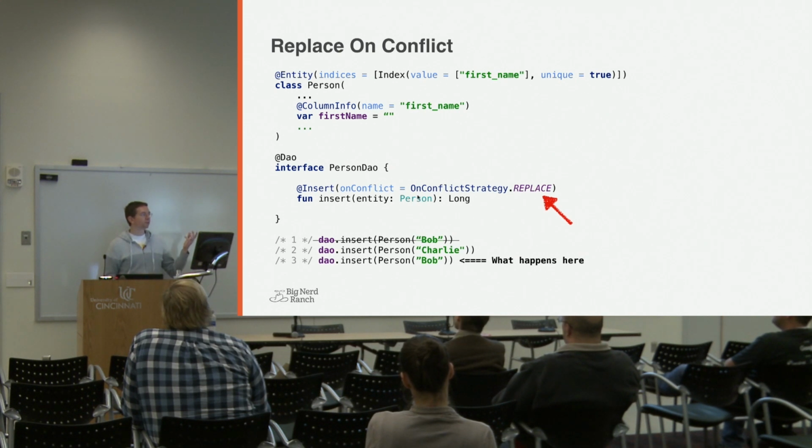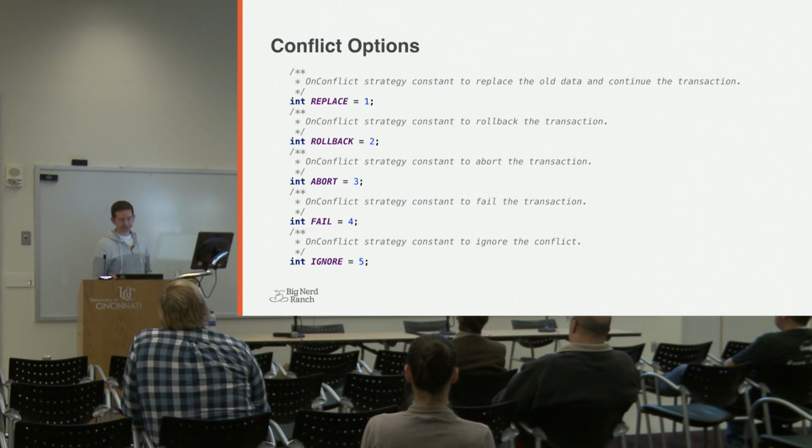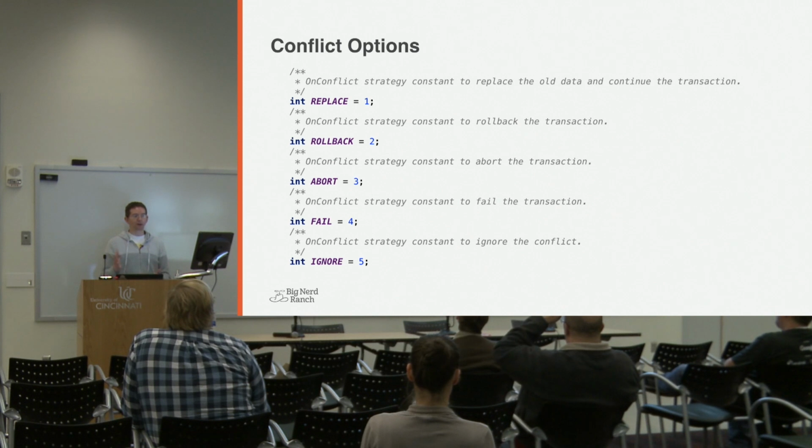But yeah, if you had set some sort of rollback or abort strategy, it would have thrown an exception, it would have rolled that back. But if you say replace, you can actually just replace the record, and you'd have rows 2 and 3 in there. There's also abort, which would take the first 2, and Bob wouldn't get in there. And you basically have all of these options available.